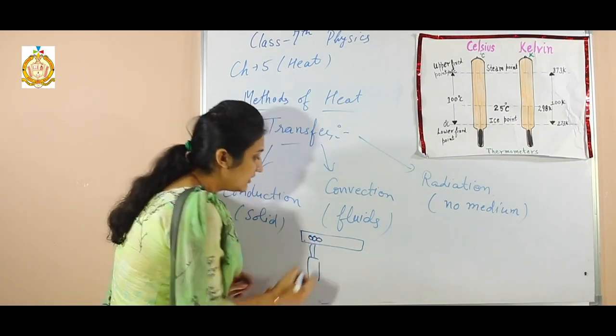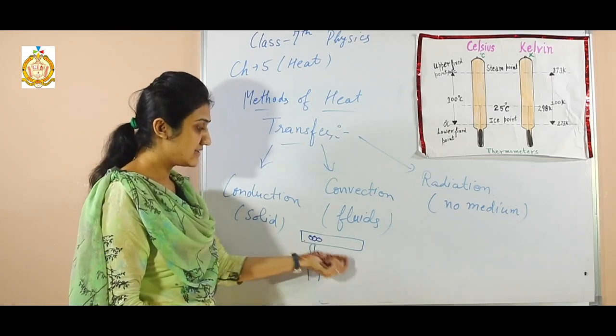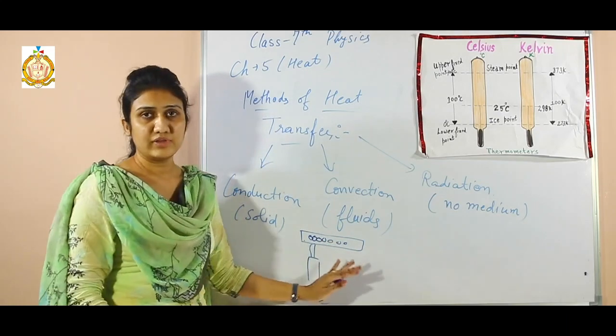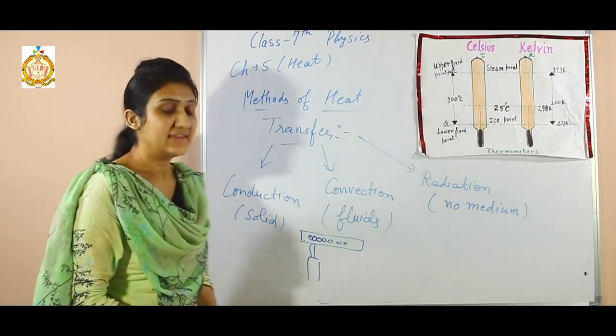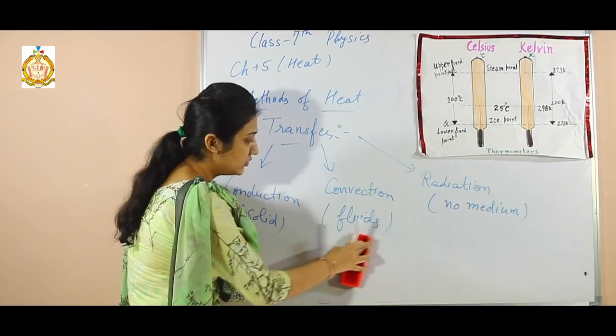Again the next particle takes some heat for itself, and then transfers to the next particle. In this way the whole rod of iron would warm up, and that is how conduction works, from particle to particle.